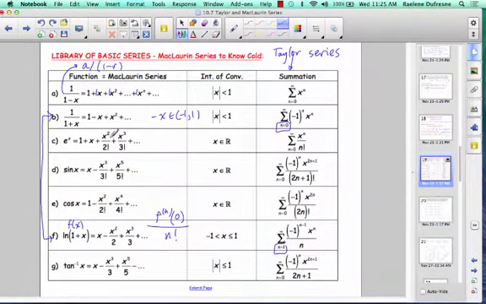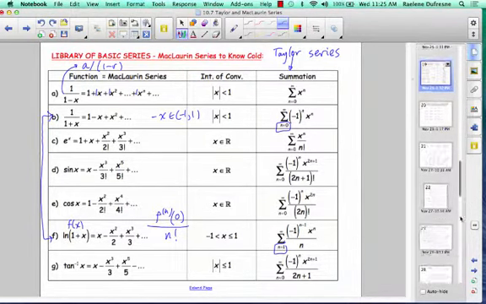We don't have any denominators in the first two, so we don't expect A or B. We have factorials in the denominators for parts C, D, and E, so we don't expect that to be the case. And in F and G, we don't have factorials, but we do have some denominators, although for the tan inverse of x series, we only have odd numbers in the denominator. So it looks like ln of 1 plus x is the series that we are working with.